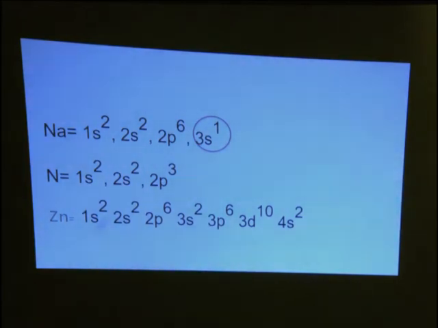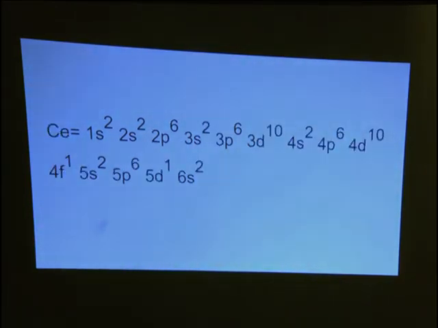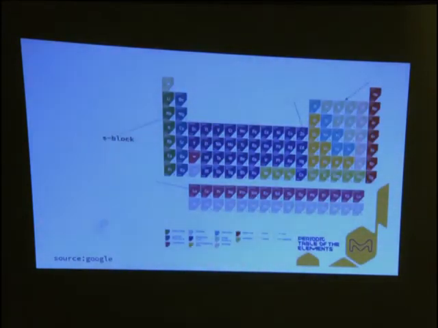For nitrogen, it is 2p3. For zinc, it is 3d10, and for cerium, it is 4f1.